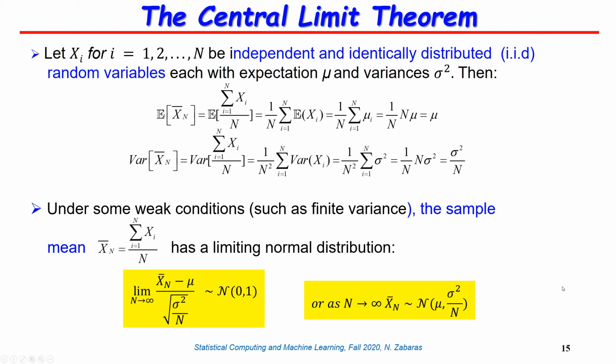What is important to remember, and pay attention to, is that it doesn't really matter from where the samples xi come, what type of distribution. It can be any distribution, and even with that arbitrary distribution, when you form the sample mean, it is asymptotically a sample from a Gaussian distribution with mean the true mean, and variance sigma square over n.